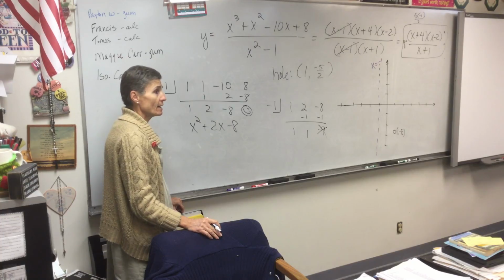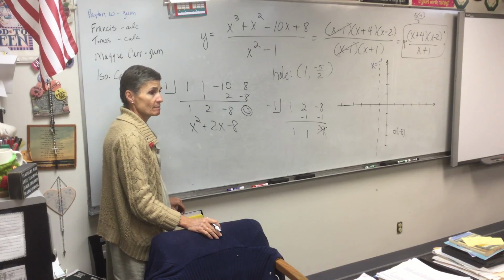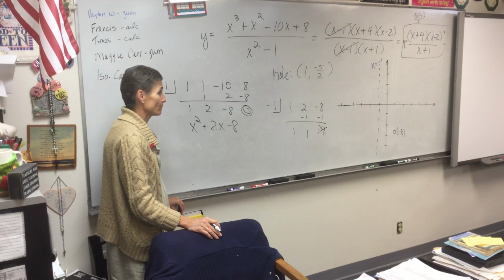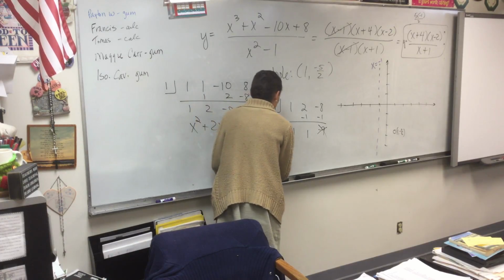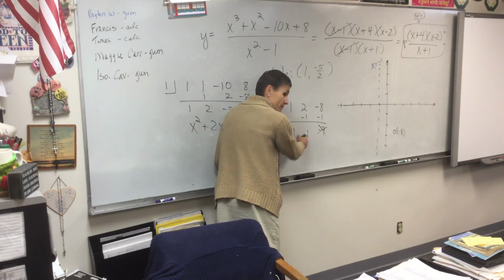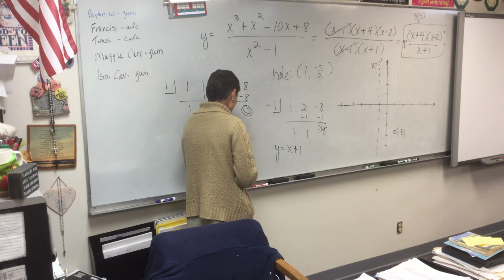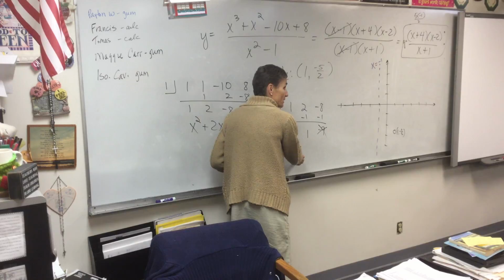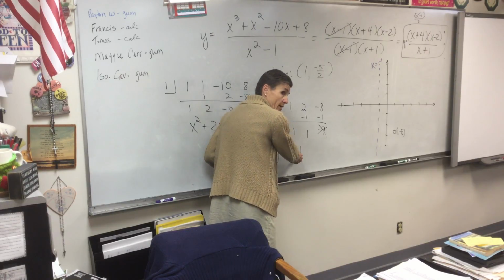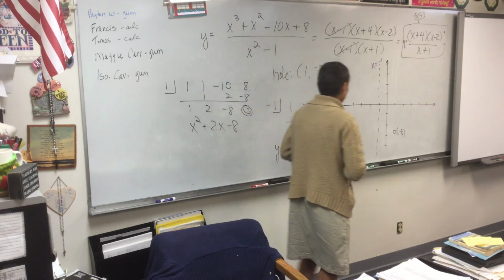Where is my end behavior asymptote, my slant asymptote? At y equals x plus 1, which is a line with a y-intercept at 1 and a slope of 1.